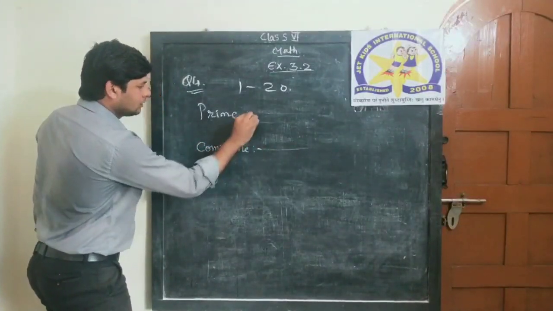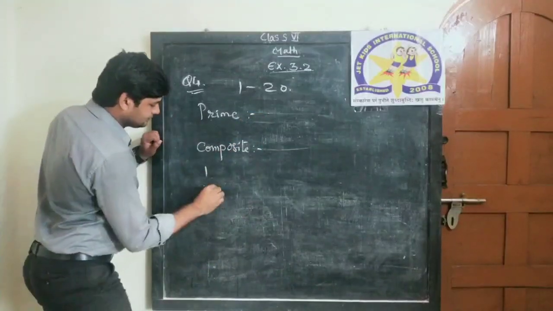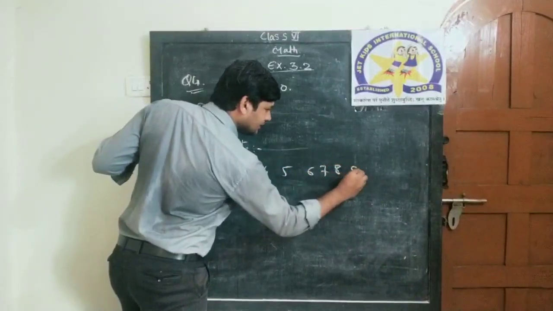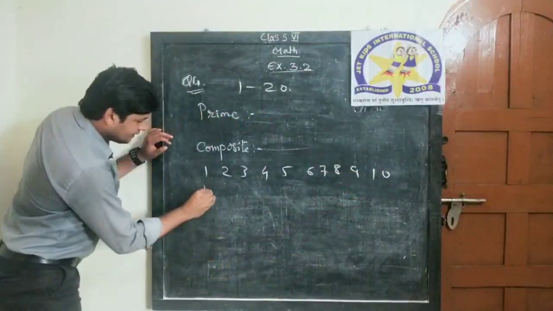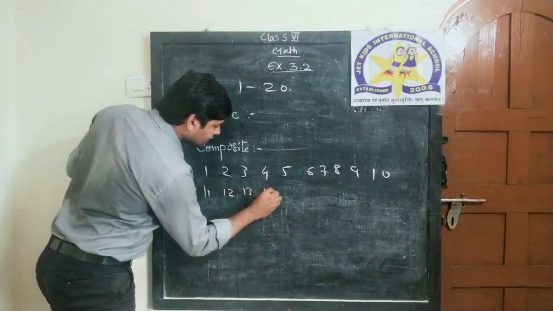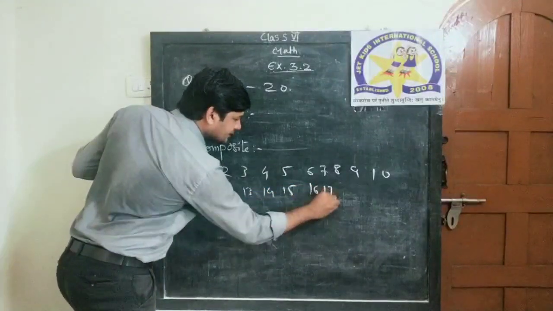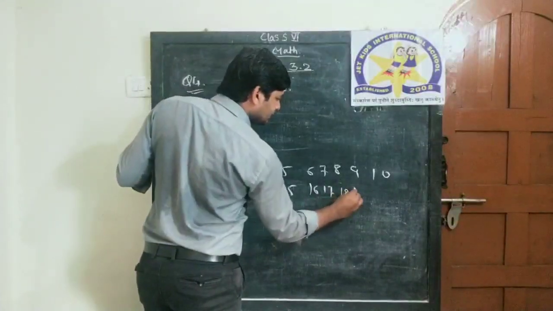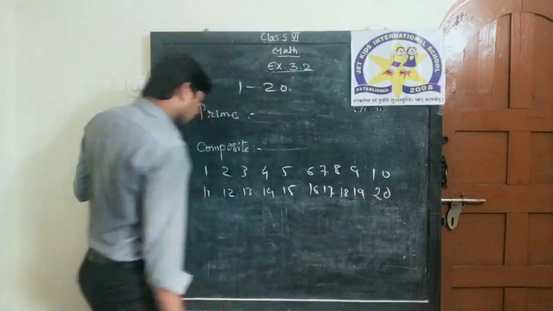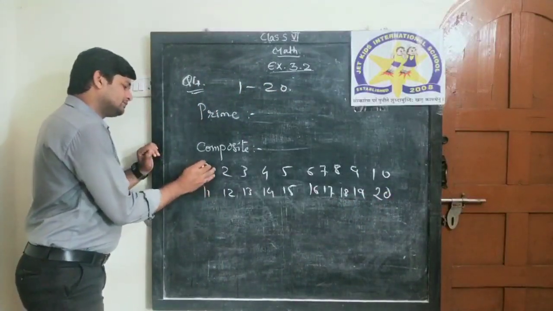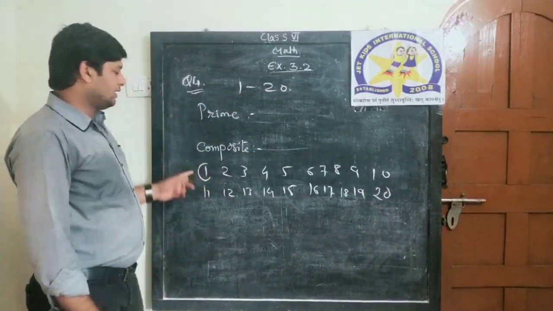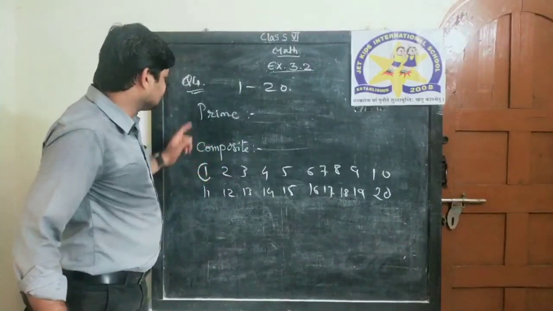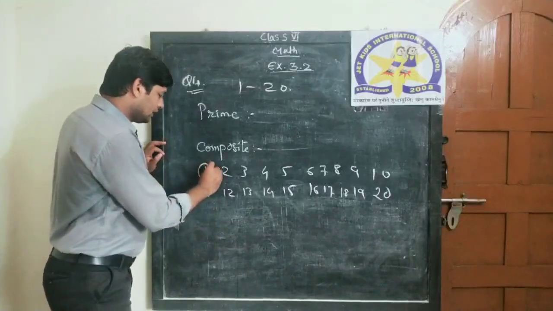So I am writing here 1, 2, 3, 4, 5, 6, 7, 8, 9, 10, 11, 12, 13, 14, 15, 16, 17, 18, 19 and 20, for your better understanding. Is 1 prime or composite? We know very well, 1 is neither prime nor composite, so eliminate it.